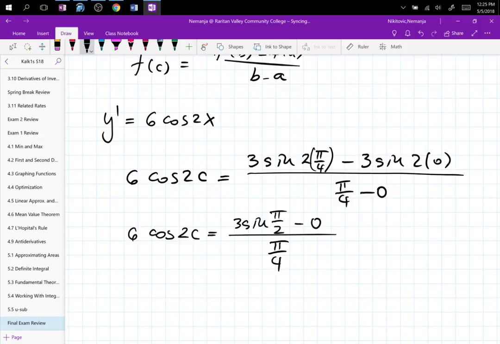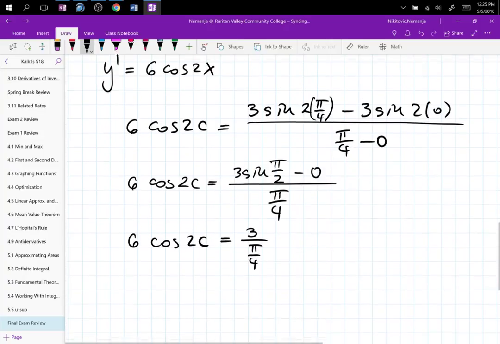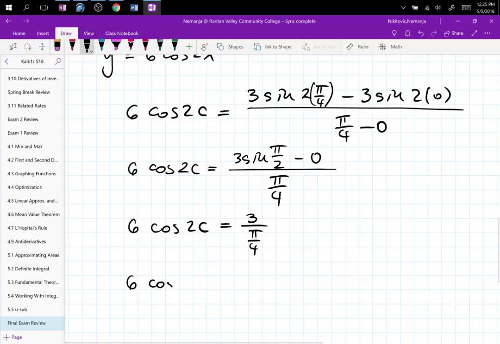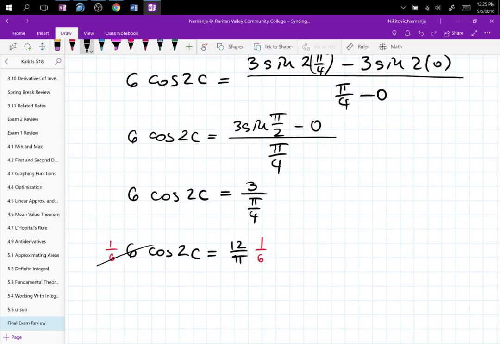Now sine of pi over 2 is 1, so I have 6 cosine 2c is equal to 3 divided by pi over 4. 6 cosine 2c is equal to 12 over pi. Multiply both sides by 1 over 6 to start getting at c. And we get that the cosine 2c is equal to 2 over pi.